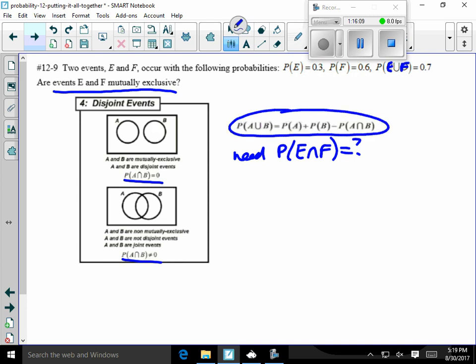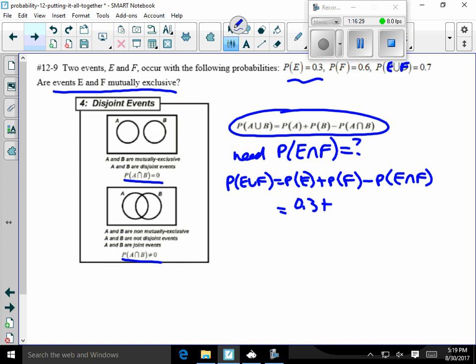Let's use the formula. I'll write it for E and F. The probability of E or F is equal to the probability of E plus the probability of F minus the probability of E and F. In the problem, they gave us a number of these probabilities. The probability of E is 0.3, the probability of F is 0.6, and the probability of E or F is 0.7.